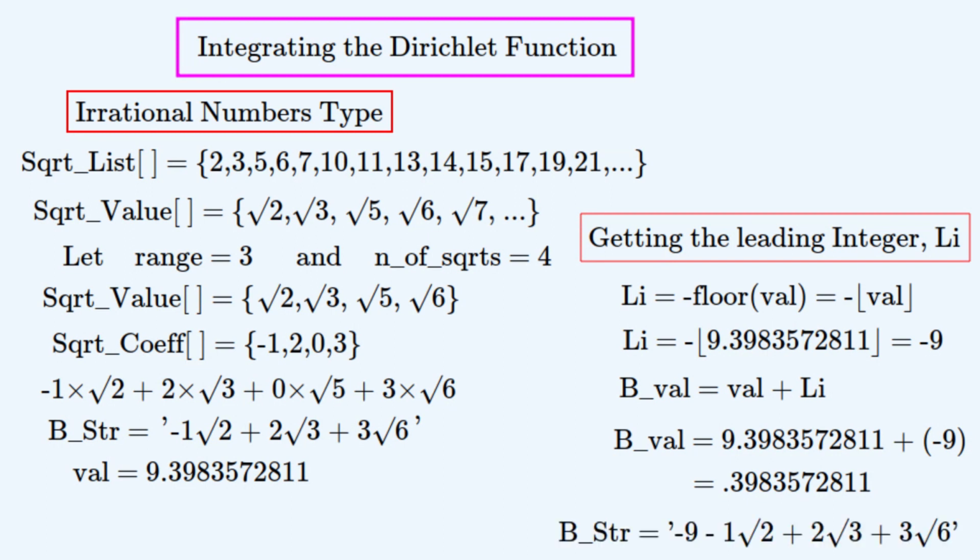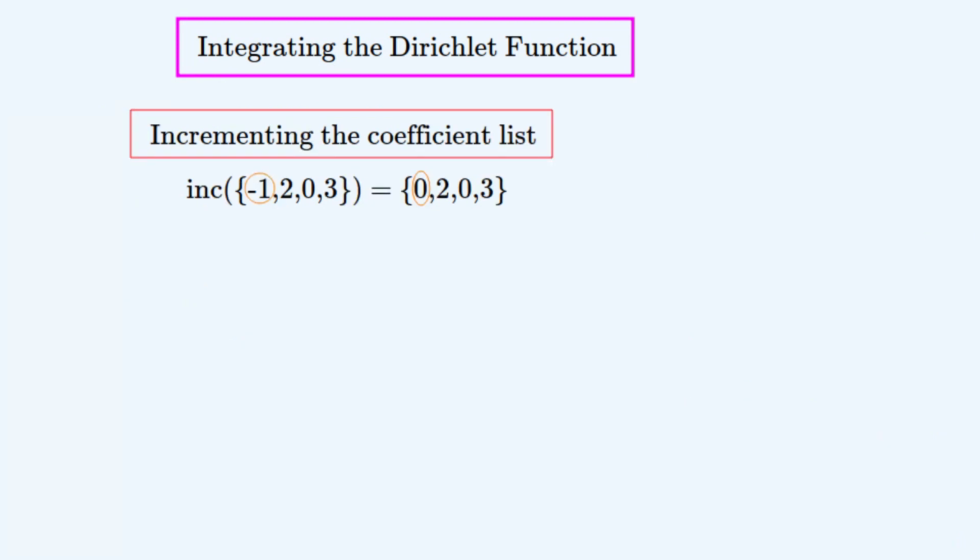We'll append the leading integer onto the beginning of this string to give this string the exact value that this number is equal to. To get the next irrational number, we'll increment this coefficient list by adding 1 to the first number on this list. And this is the next number after that.